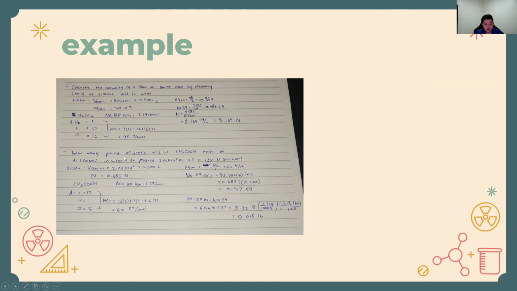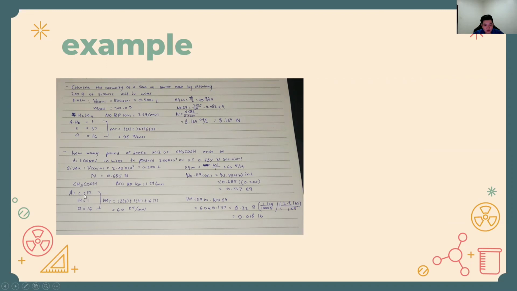Second example: how many pounds of acetic acid, CH3COOH, must be dissolved in water to produce 2 times 10 raised to 2 milliliter of 0.685 N solution? Given that V solution is 2 times 10 raised to 2 milliliter, change it to liter, 0.2, and the normality is 0.685 normal. The substance is CH3COOH.